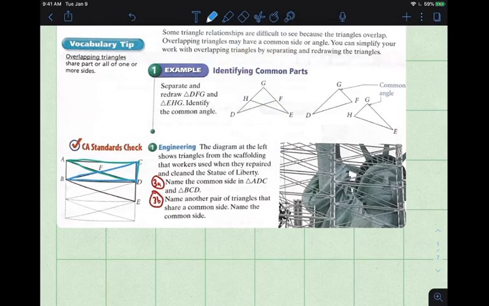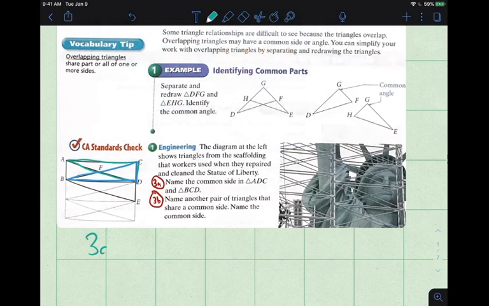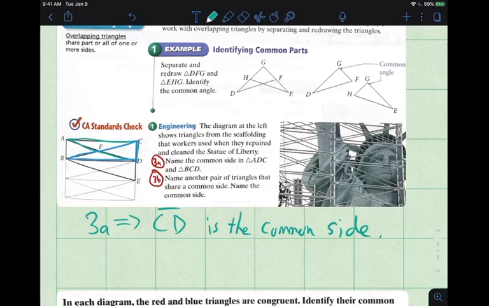Notice where the colors overlap. Okay, so for 3A, we have CD, a segment, is the common side. That's because that's where the blue and the green overlap.